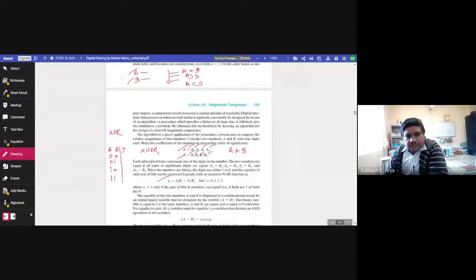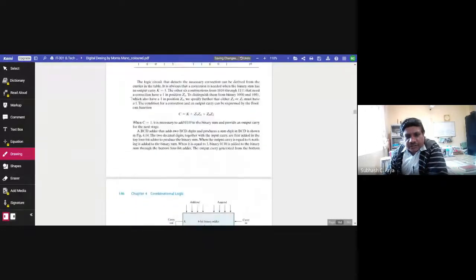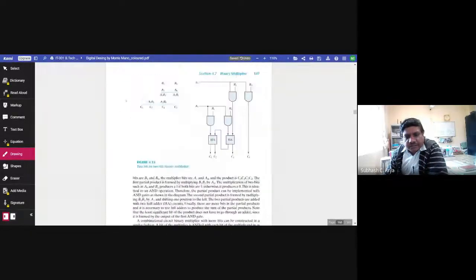The XOR gate truth table was A B Y, 0 0 0, 1 1 0, 1 1, and the output was 0 1 1 0. XNOR is just the reverse of this because one NOT gate is put. So 1 0 0 1.